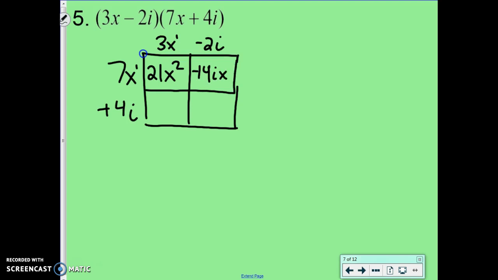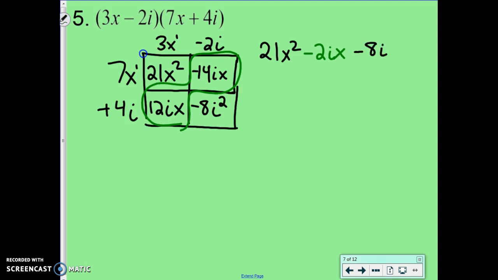The square down here below, 4 times 3 is 12, ix. For the final square, in the lower right-hand corner, 4 times negative 2 is negative 8. The exponents on i are 1 each. We add 1 plus 1 together, we get 2. So we get negative 8i squared. Like terms, 21x squared minus 2ix, that would be negative 14 plus 12, minus 8i squared.